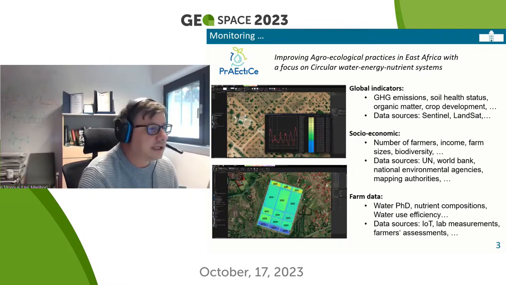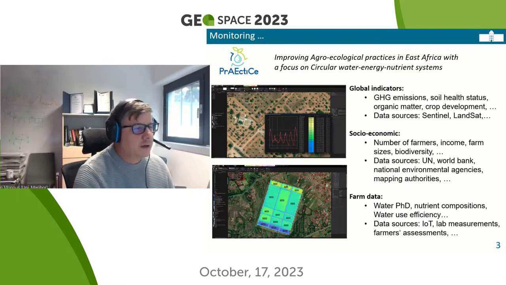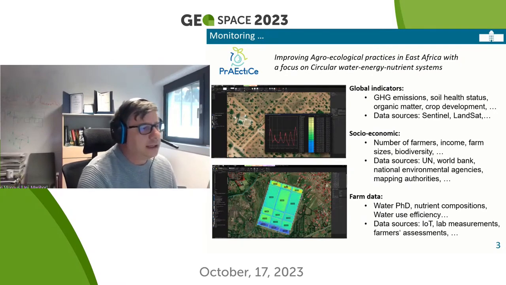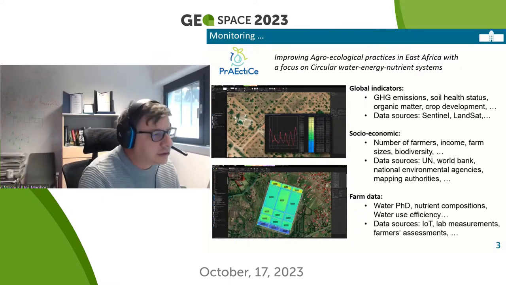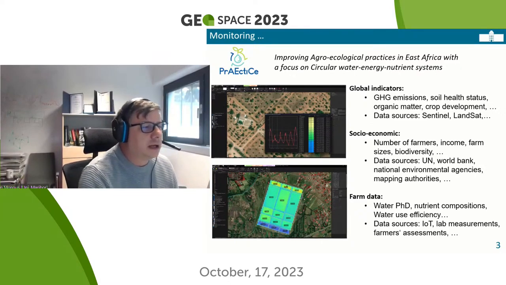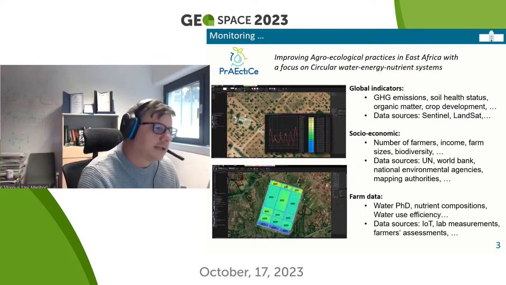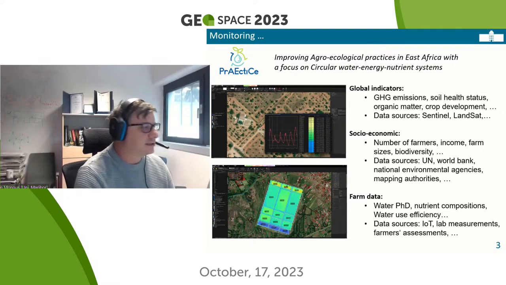These are indicators that can be generated from satellite data. We then also input some socio-economic data, which is openly available, for example, data from the United Nations, World Bank, national environmental agencies, and stuff like that.